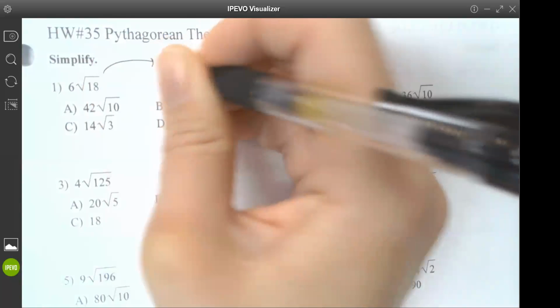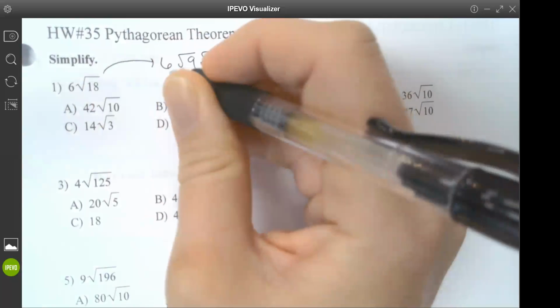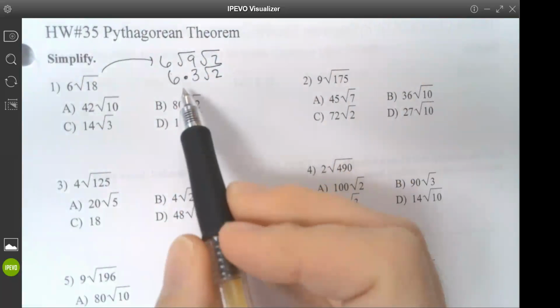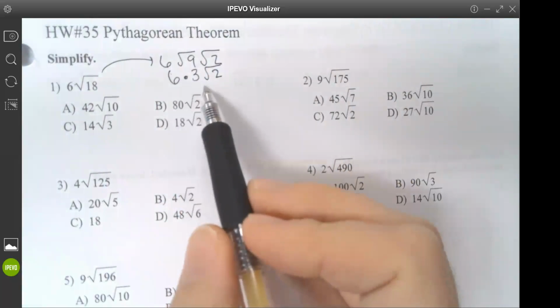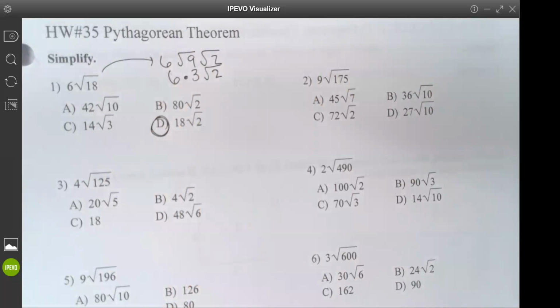So when I simplify the square root of 18 and say, well, it's 9 times 2, I'm going to have a coefficient in front of it still. So that just means that in the end, I'll have 6 times 3. Okay, so it's going to be 18 rad 2. So that coefficient is just adding a piece where you're going to have something you're going to multiply by in the end. Simplify the rad, multiply those coefficients out front.